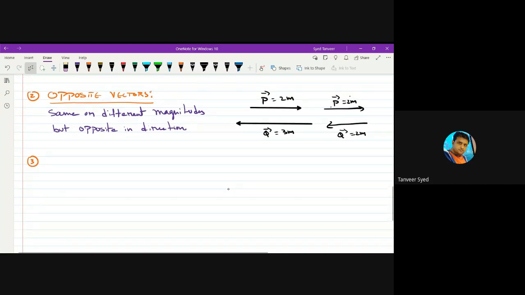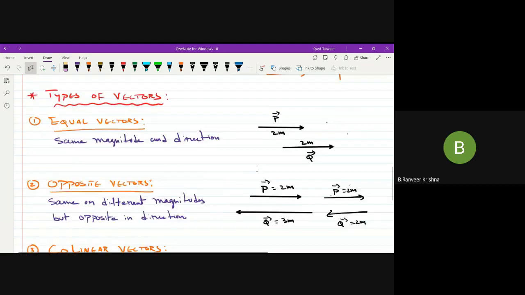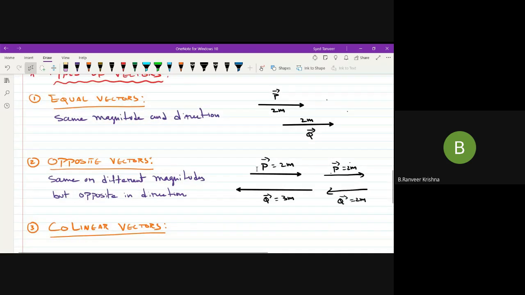Next, collinear vectors. Sir, can you scroll up? Sir, equal vectors means they always will have same magnitude in same direction.